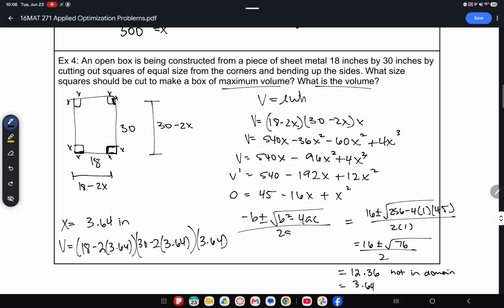So 18 minus 2 times 3.64 times 30 minus 2 times 3.64 and then times 3.64. So I get 886.55 and then be cubic inches. Right?